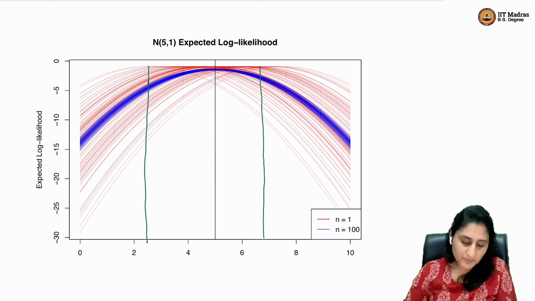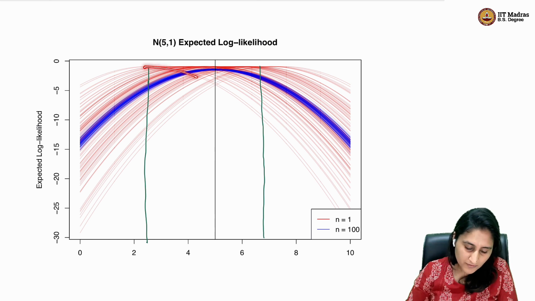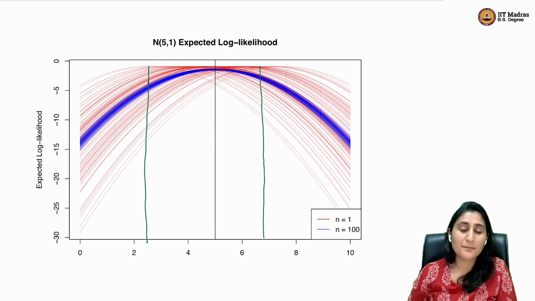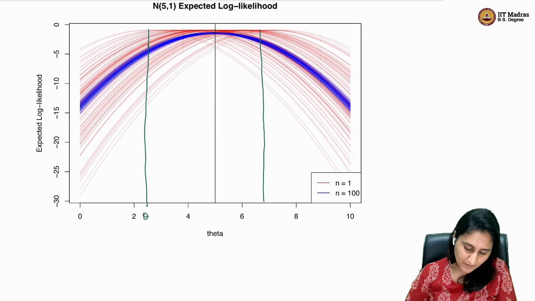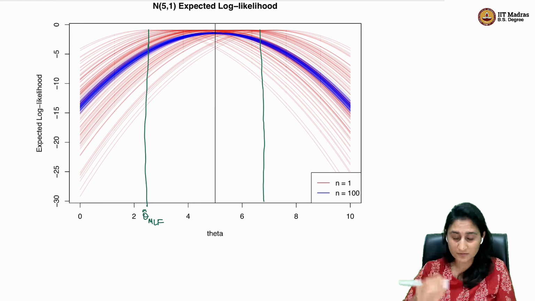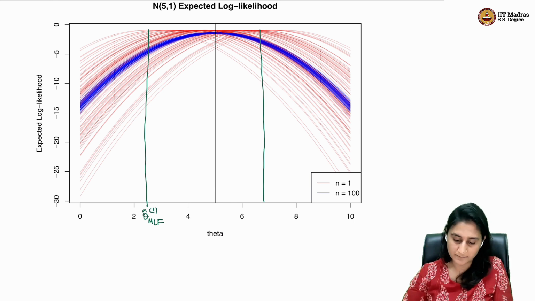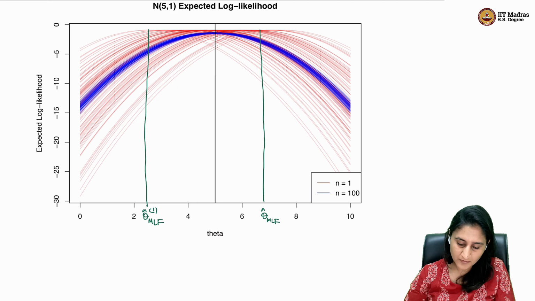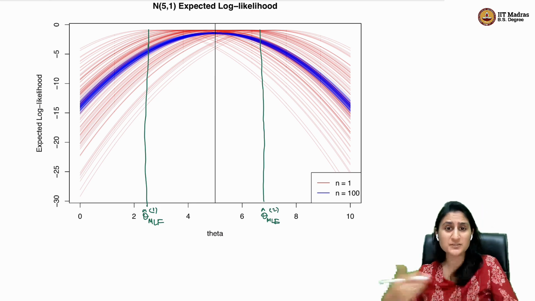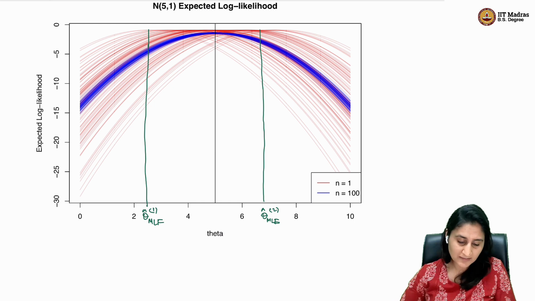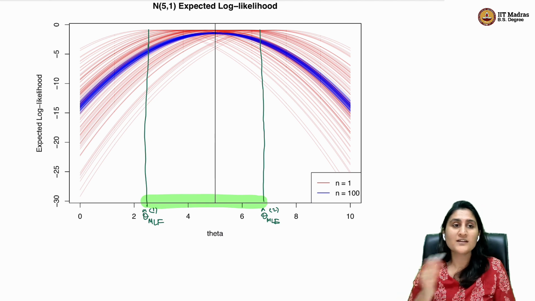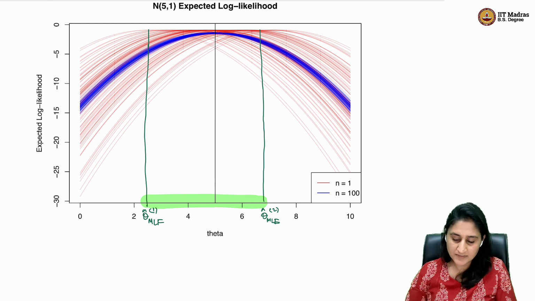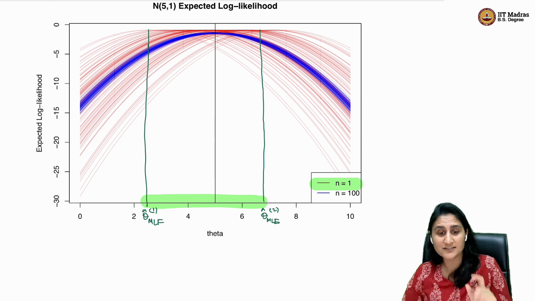And everywhere in between, there are so many red curves that have their maxima happening somewhere there. So this would be theta hat MLE for the first data set of size 1, and this would be the theta hat MLE for the second data set, if I'm doing this process again and again. You can see that this process gives us so much variability in what theta hat MLE would be from likelihood to likelihood. And this corresponds to n equals 1, when you have a data set of size 1.